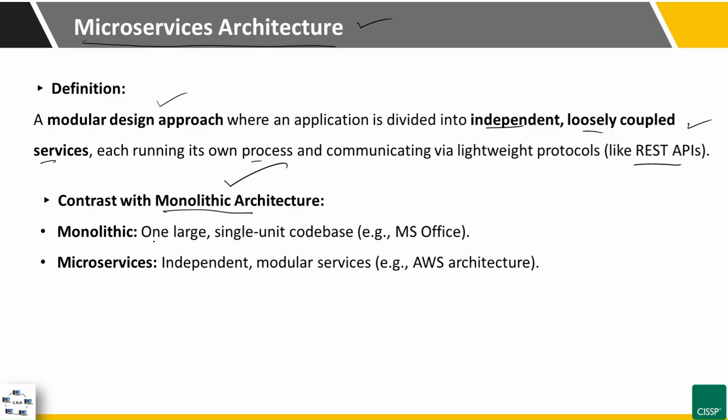Monolithic is one large single-unit code base, for example, Microsoft Office. It is one application, one software, a big one. And microservices are independent modular services. For example, AWS architecture. In AWS, we have numerous small or modular services.